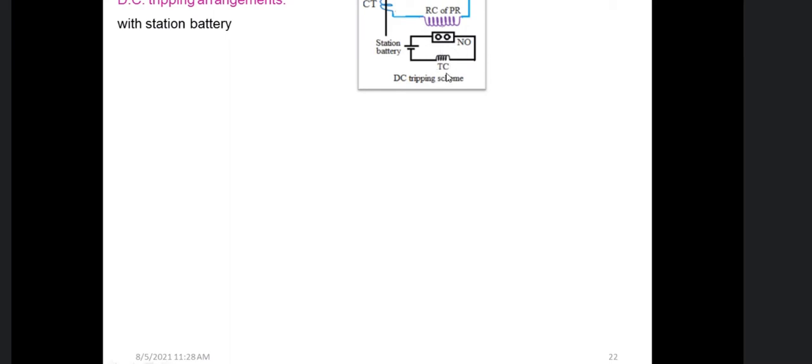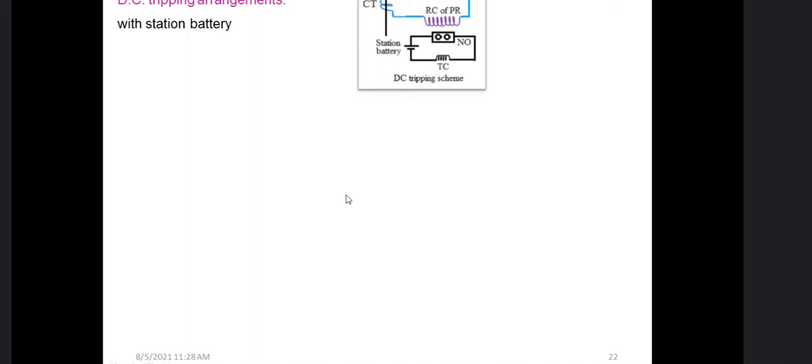Now for that there are different types of arrangement. This is the simple arrangement. It may be used for a low power substation. That is, we can use an extra battery, so that will supply the trip coil whenever required. So this station battery can energize the trip coil only when the relay gives the signal to make this NO contact to NC.